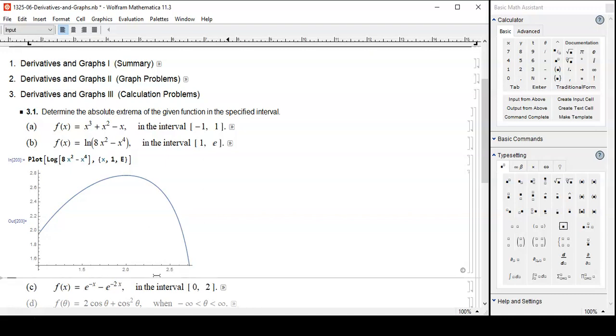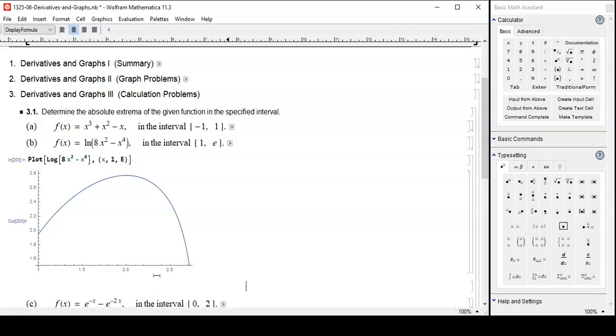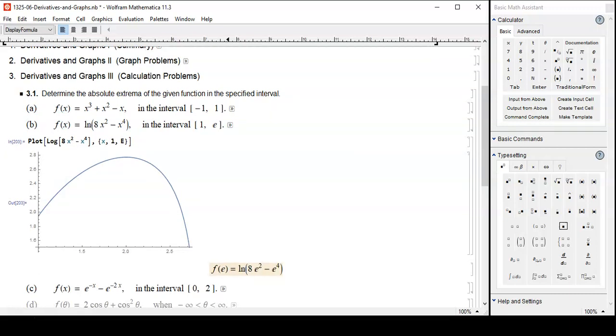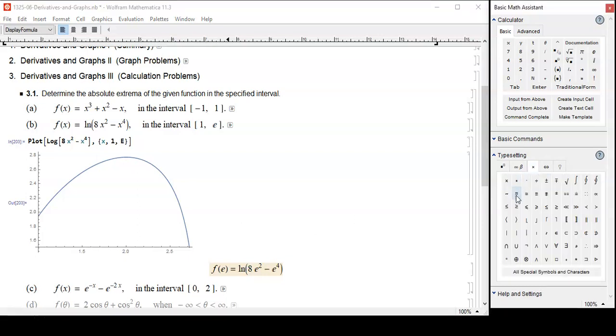So we have absolute minimum, f of e, which is log of 8e squared minus e to the 4th power, which is, oh, I have no idea what that is. I have to punch in the calculator.